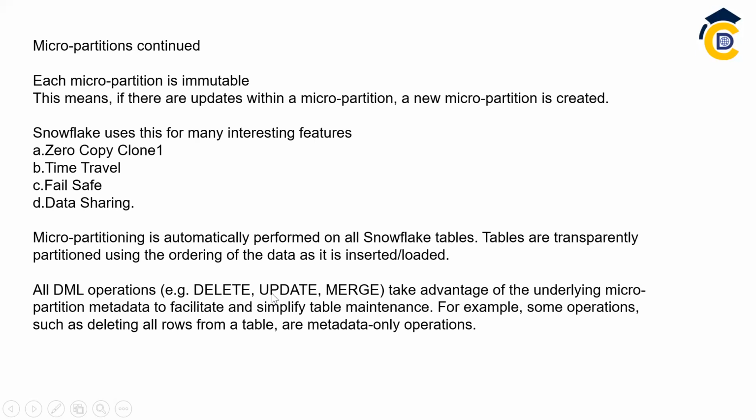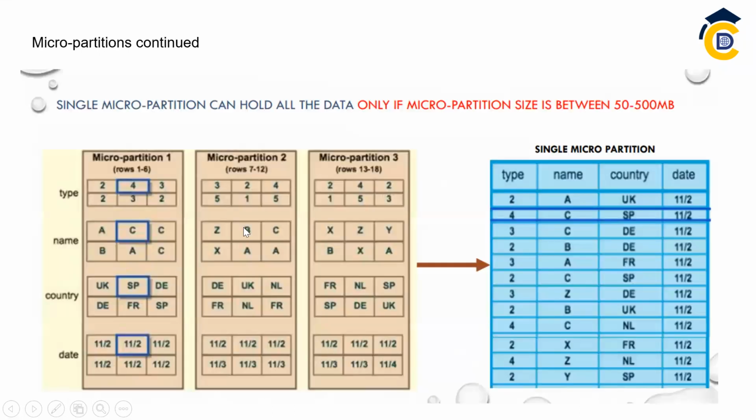All DML operations, delete, update, merge, take advantage of the underlying micropartition metadata to facilitate and simplify table maintenance. For example, some operations such as deleting all rows from a table are metadata-only operations. So suppose we delete the whole of micropartition 2. It doesn't have to physically delete all this. All it does is tell the metadata header that this partition is no more required.